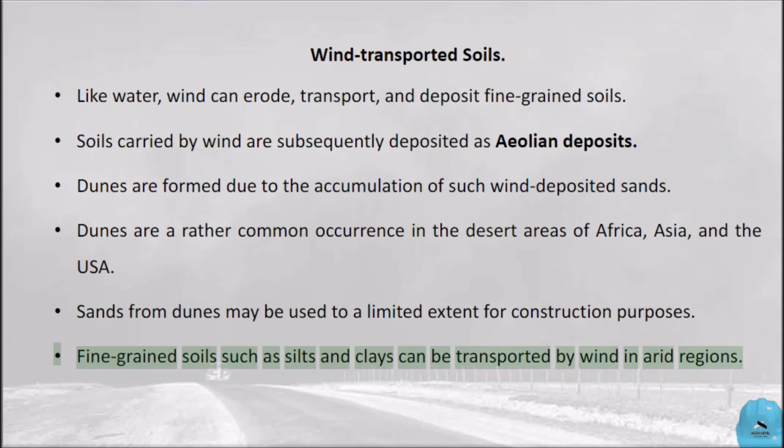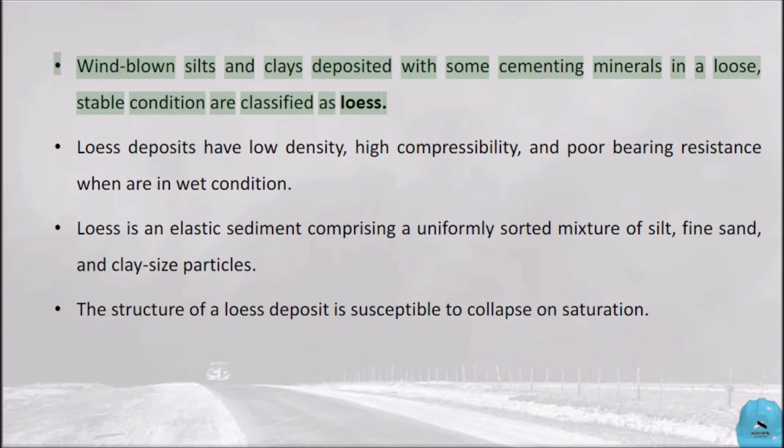Fine-grained soils such as silts and clays can be transported by wind in arid regions. Wind-blown silts and clays deposited with some cementing minerals in a loose, stable condition are classified as loess.